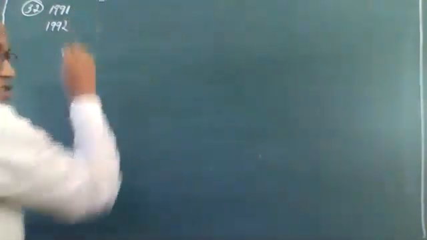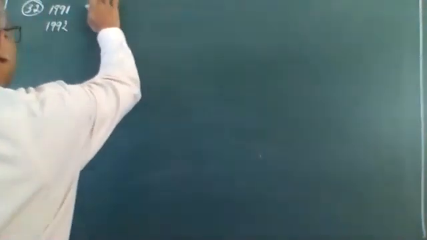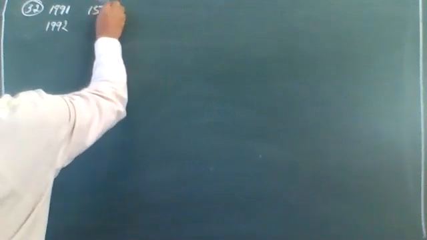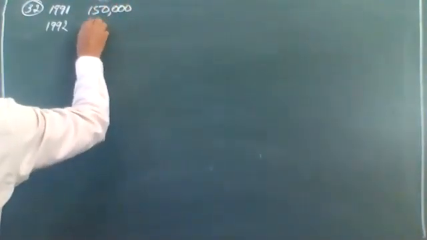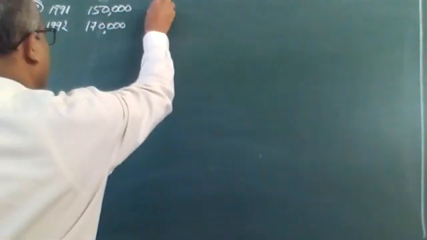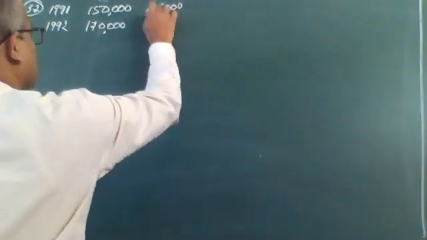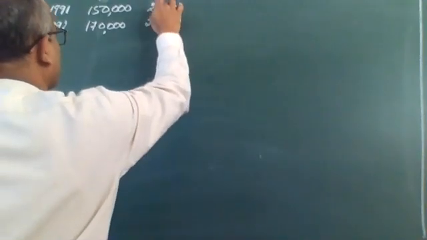He gave us sales and profits. Sales for these 2 years are 1,50,000 and 1,70,000. Profits are 20,000 and 25,000. This is what is given.